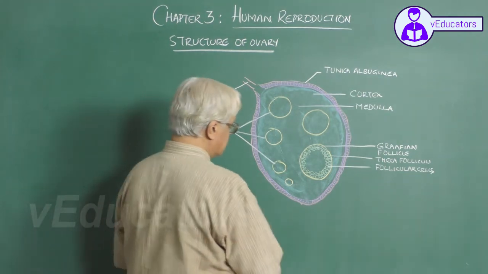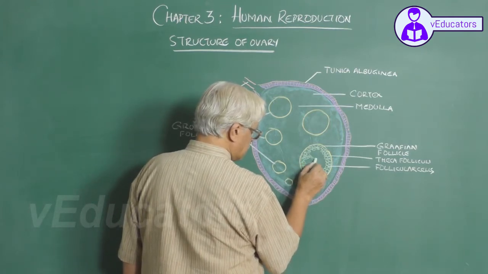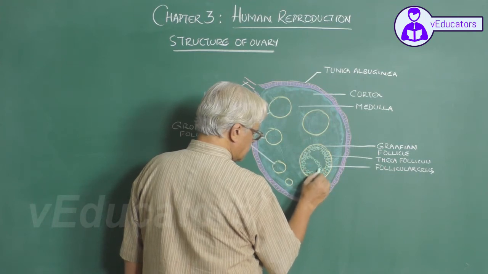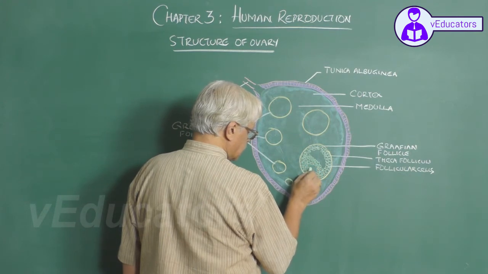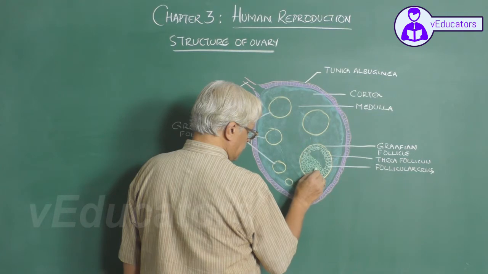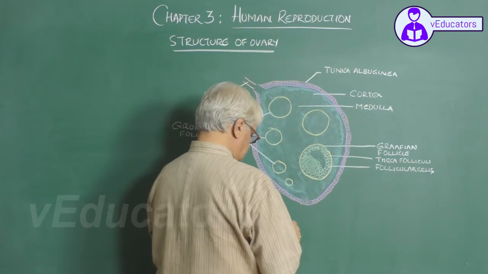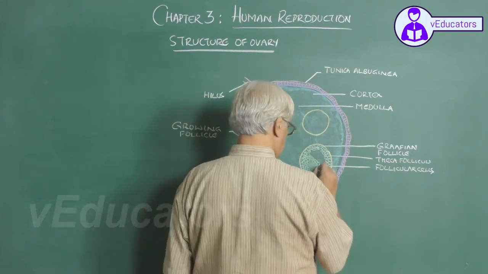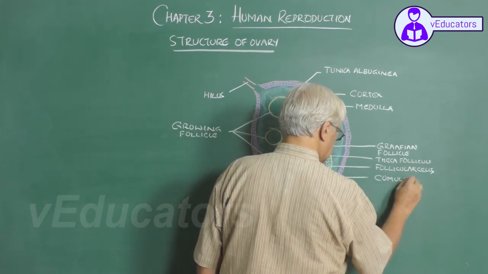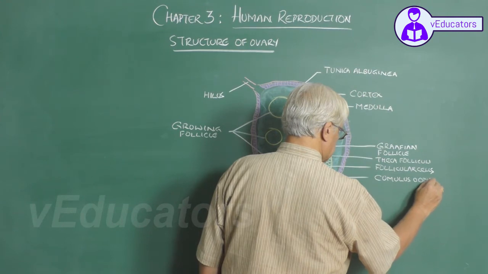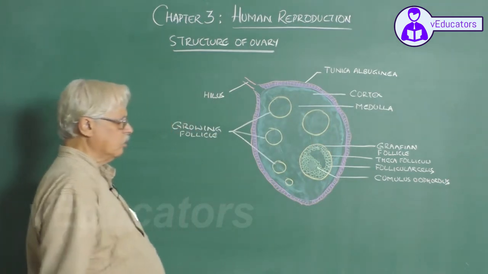The follicular cells form a mound, a cup-shaped depression. This is called cumulus oophorus.